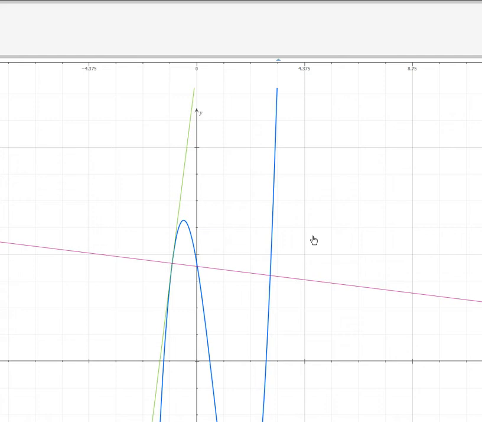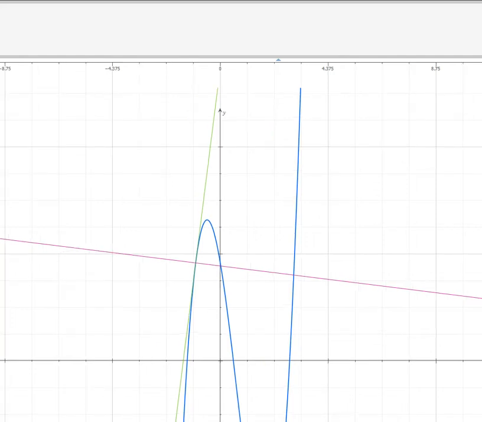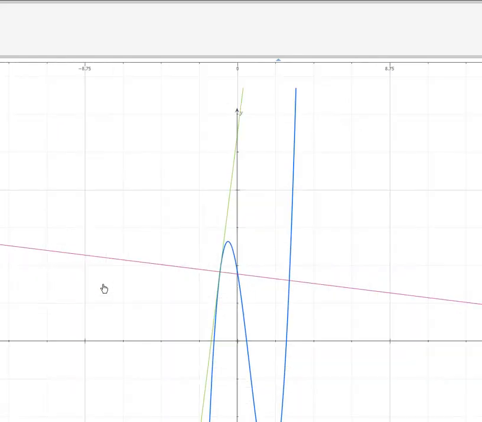It's pretty good. There are lots of very good ones that are used on iPads and iPhones. Okay, here's the function, and this here is the slope, the tangent.